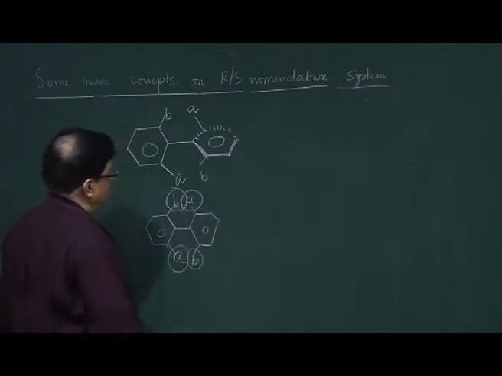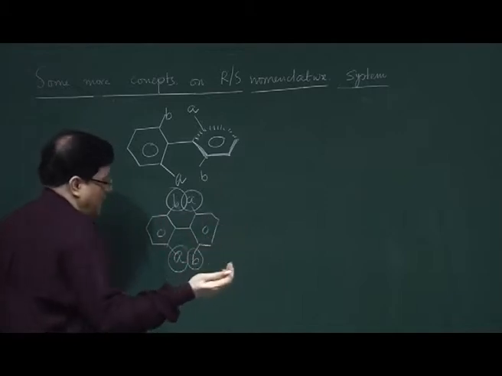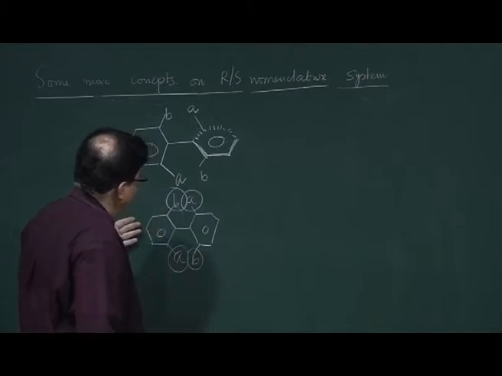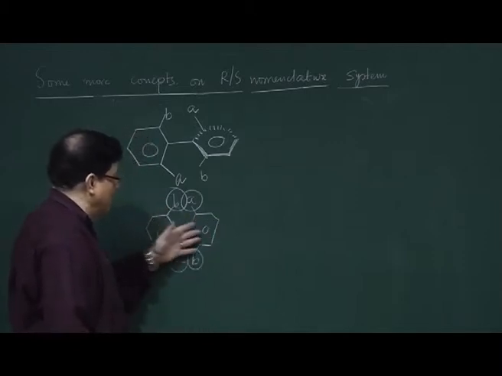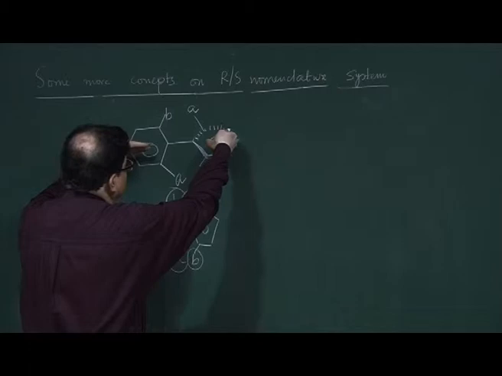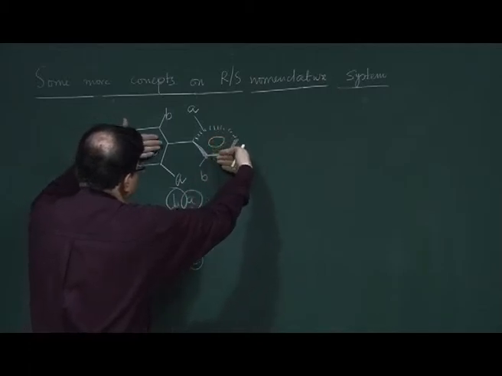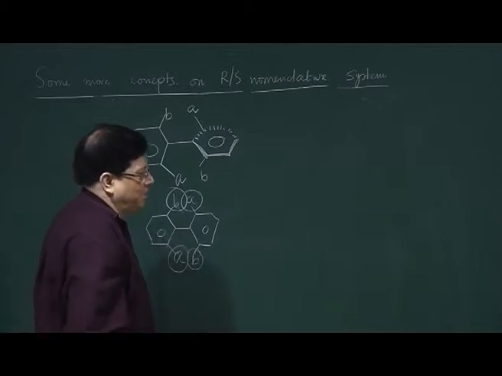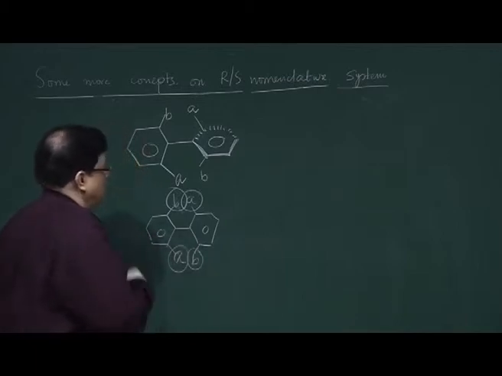I told you once that all planar molecules have a plane of symmetry. It is the plane of the molecule that is the plane of symmetry. So, they are all achiral, but the moment it becomes non-planar, with this in the plane and this orthogonal to the plane of the board, there is a possibility of chirality now.